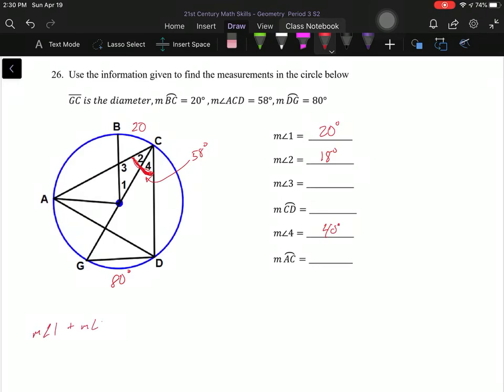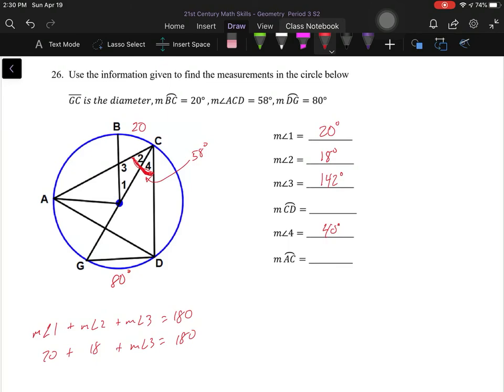Angle 1, angle 2, and angle 3 are 180 degrees because they form a triangle. That's from way back in first semester. I know that 1 was 20. I know that 2 is 18. So I can figure out the measure of angle 3 pretty quick. 20 and 18 is 38. Take that away from 180, and we get 142.